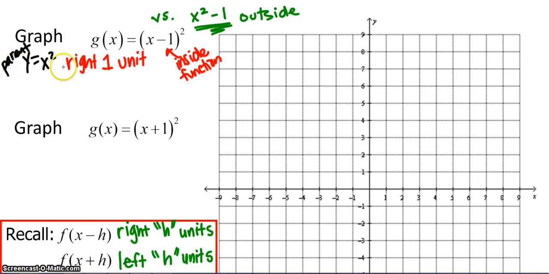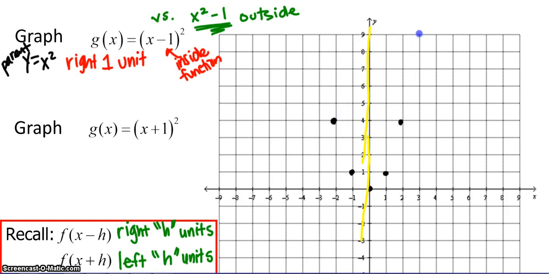So what we must do first is take the graph of y equals x squared and graph it. And you should be getting very quick at this. I plot 0, 0, then 1, 1, then I translate it over the axis of symmetry. Remember, this has an axis of symmetry that goes right down the middle. I put a 2 in, I get a 4 out, and I translate it over the axis of symmetry.